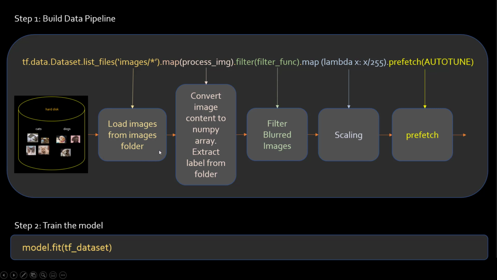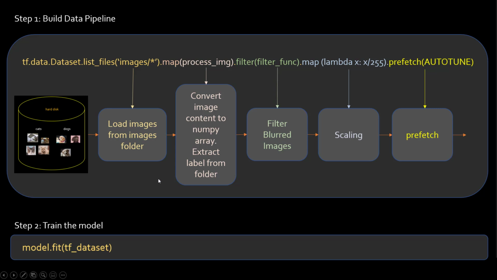Remember, one epoch means, let's say if I have 10 million images, I will go through all 10 million images and perform the training. That is one epoch. In the second epoch, I will repeat the same thing. I will again go over those 10 million images and do all these operations: map, filter, map. So do you see some redundancy here? You're reading the same files and then mapping and filtering again.